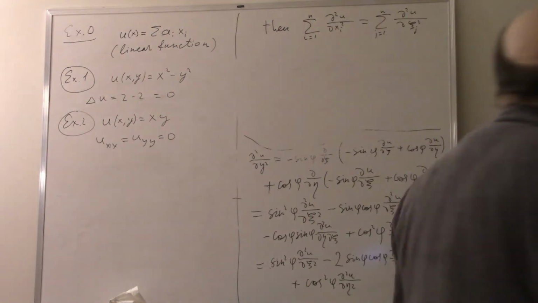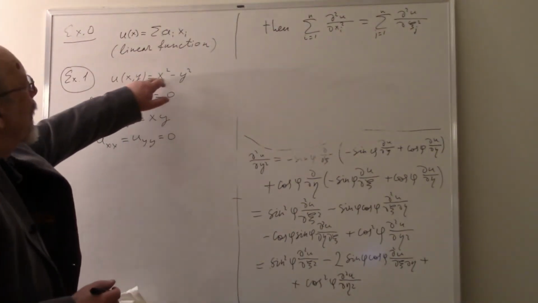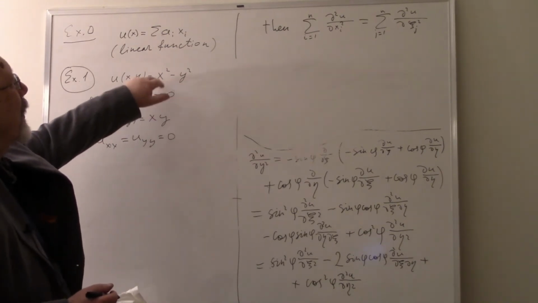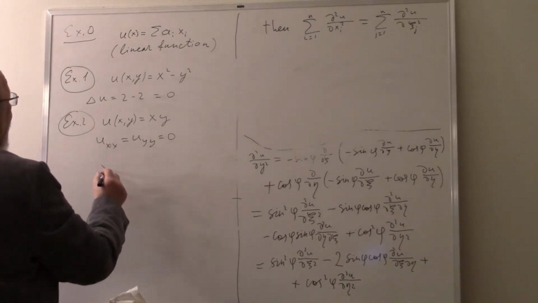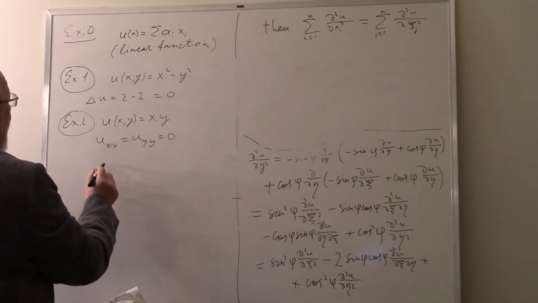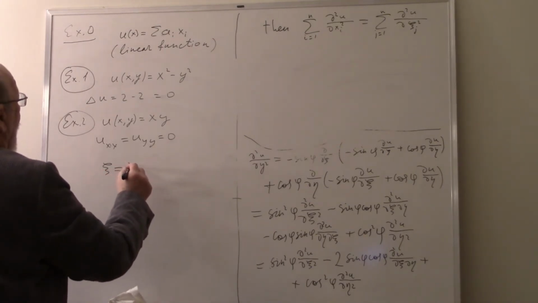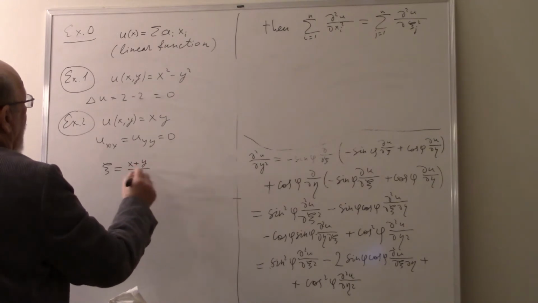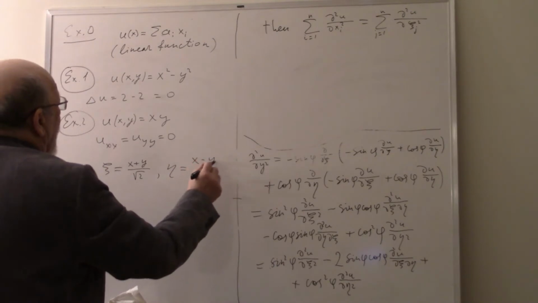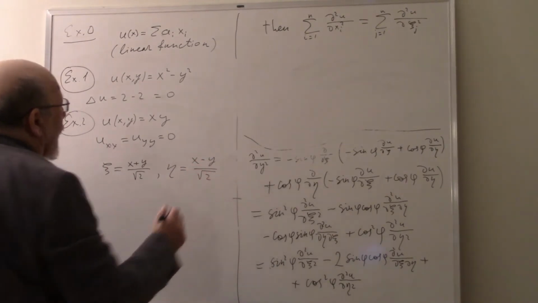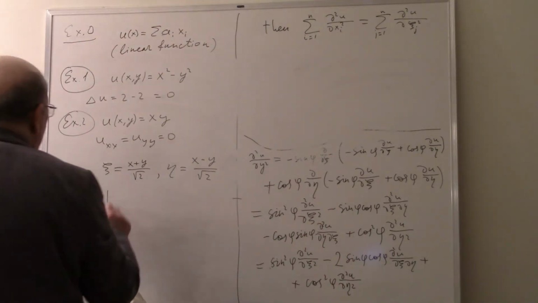But in fact it is one and the same example, because if you take this quadratic function x squared minus y squared and then you write ξ equals x plus y divided by square root of 2, η equals x minus y divided by square root of 2, so it is a rotation through 45 degrees.